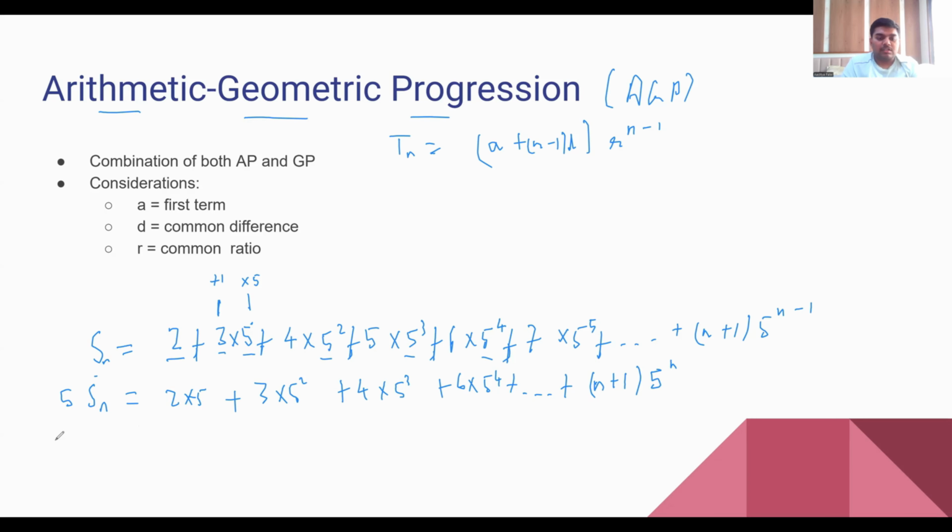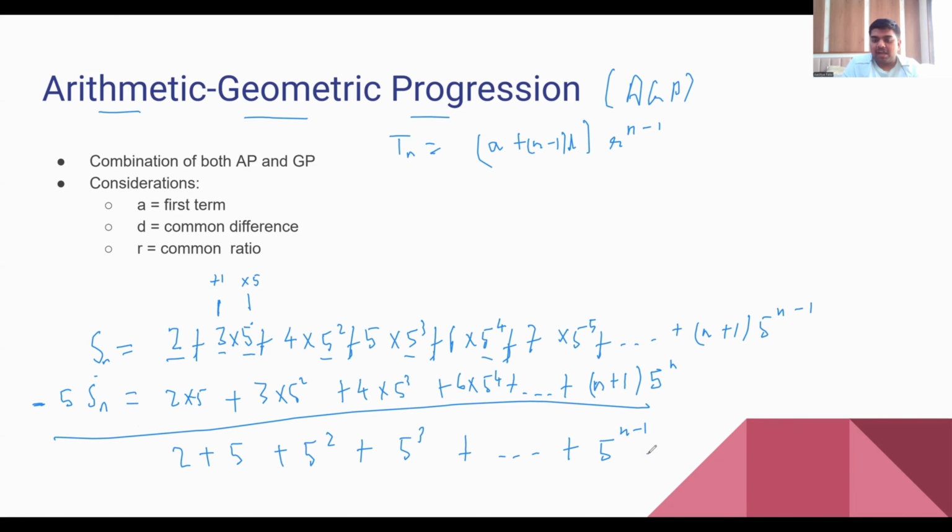And upon doing the difference, Sn minus 5Sn, you will get 2 plus 5 plus 5 square plus 5 cube plus so on, up till 5 to the power n minus 1, minus n plus 1 into 5 to the power n. Now you have gotten a GP, so apply the Sn formula for it, and this is equal to minus 4Sn.